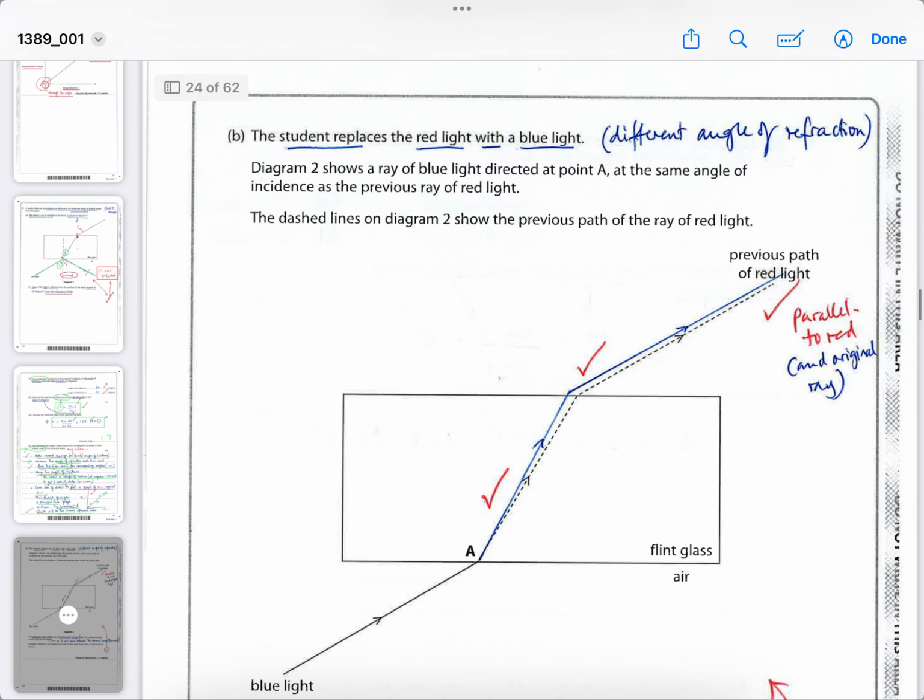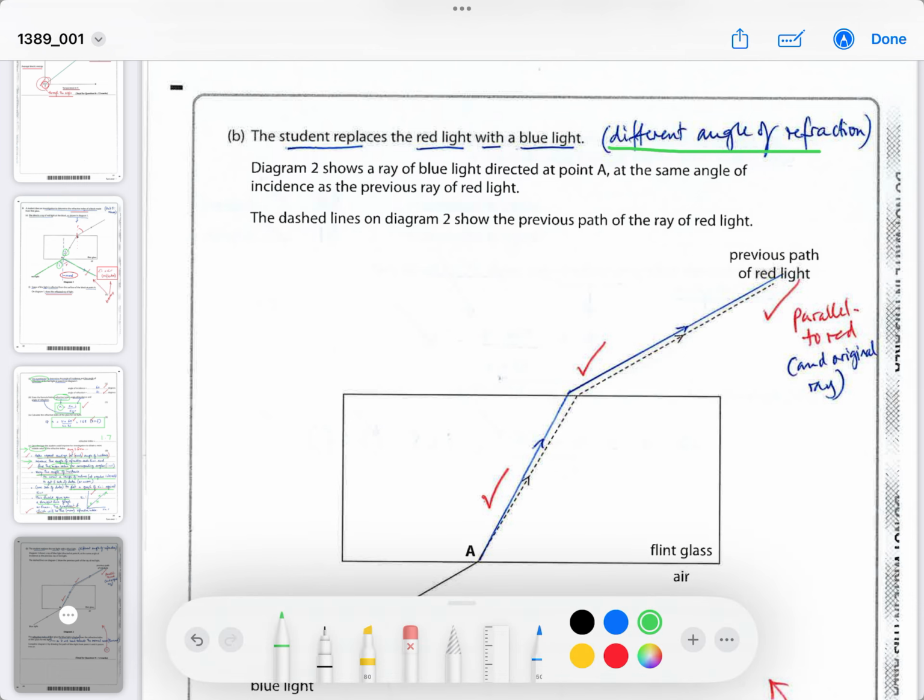And then part B, the student replaces the red light with a blue light. Obviously, red light and blue light have different frequencies and wavelengths, so they will also have different angles of refraction in the glass.